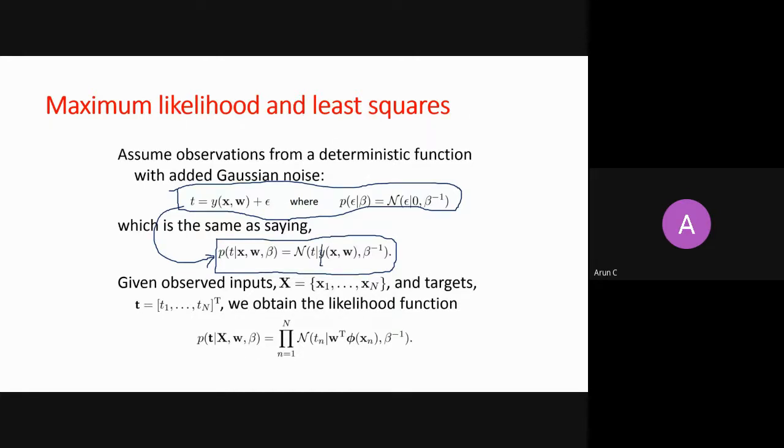Here this is the mean and this is the variance, right? Any questions? Okay, fine, very nice.